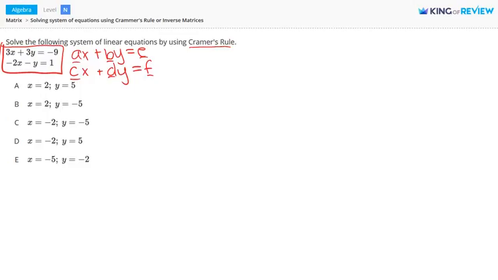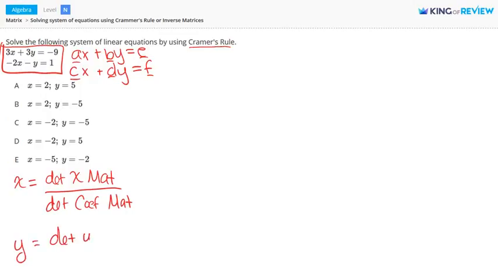So Cramer's rule states that we can solve for x by taking the determinant of the x matrix and dividing it by the determinant of the coefficient matrix. And for y, we can solve for y by taking the determinant of the y matrix and dividing it by the determinant of the coefficient matrix.